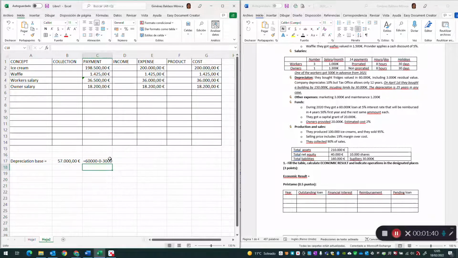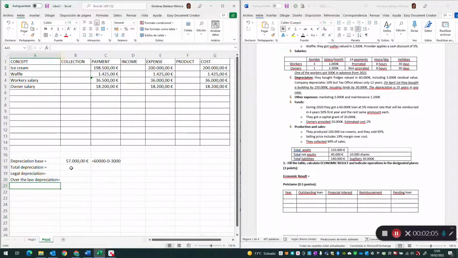It remains on the screen, so you can see it all the time in the sheet. Regarding depreciation, we're going to calculate total depreciation, which is the company depreciation. We're going to calculate legal depreciation, and we're going to calculate over the law depreciation.